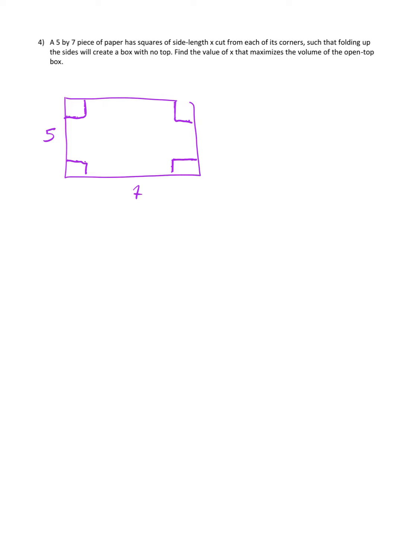So like this is gone now. But we have to remember that the 7 went all the way to the edge before we cut it, and the same with the 5. Okay, so these lengths that we cut out are all x's.